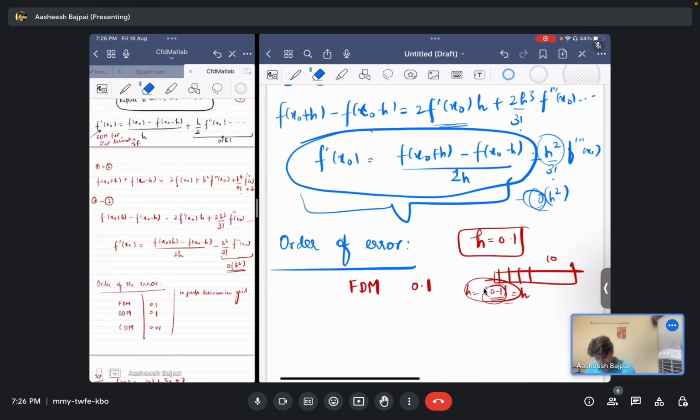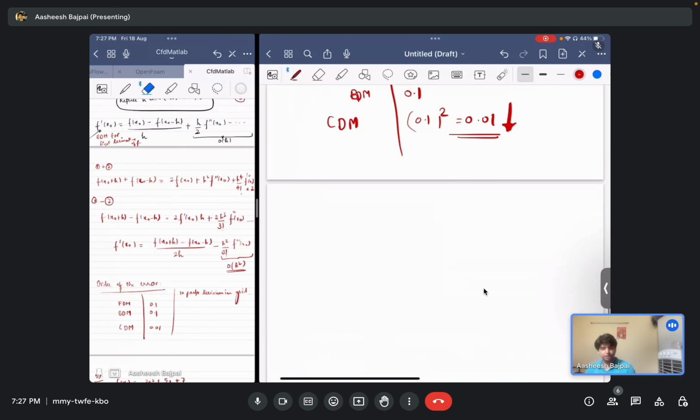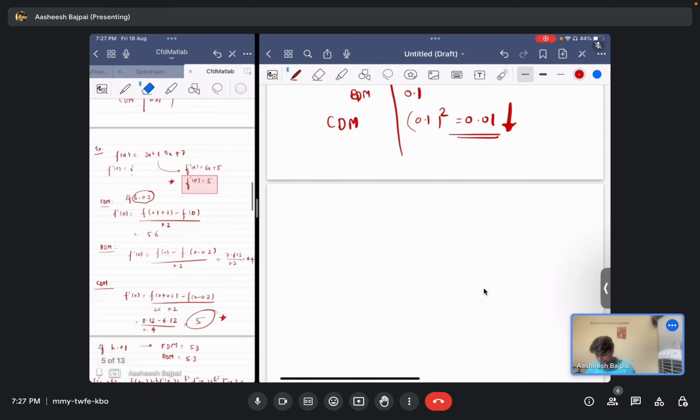So what will be my error? If I am using FDM, the forward difference method, it will be 0.1. The backward difference method will be the same, 0.1. But if I use the center difference method, in which the order of error, or order of neglection, is h square, then what will this be? h square is 0.01. So this error actually reduces a lot. This is the main point of doing this exercise.